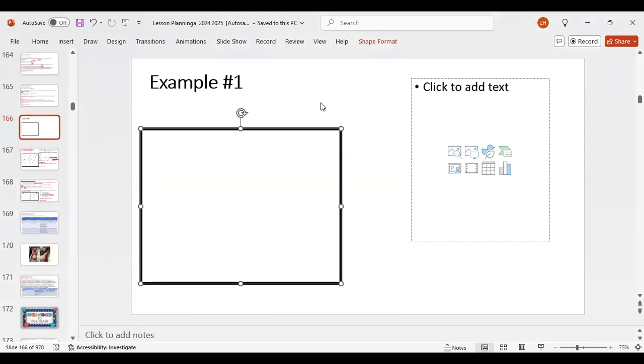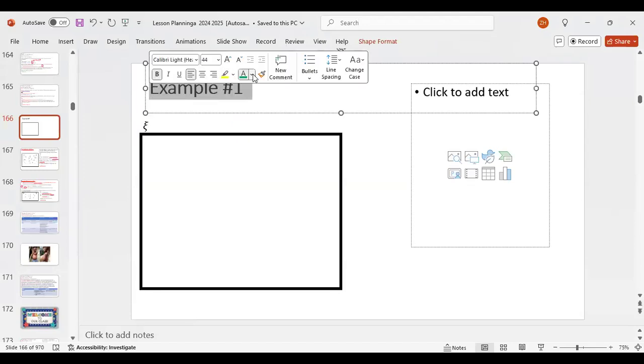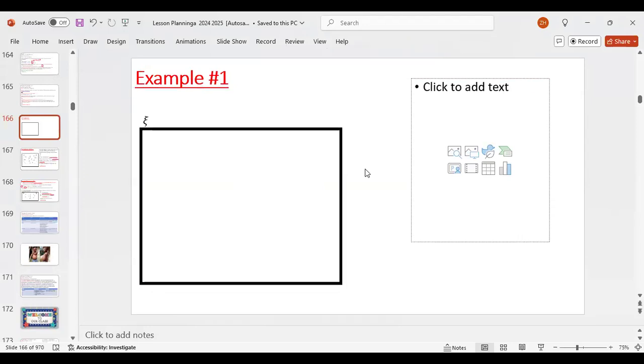So let me put it right there. We're going to have an intersecting circle this time, so we're not doing disjoint sets like yesterday.